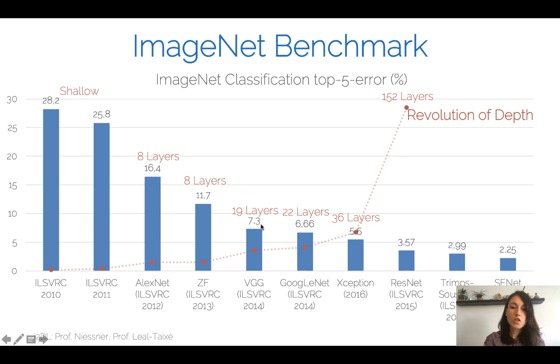Then we had VGG with 19 layers, lowering the error even more, GoogleNet, Inception, but the real revolution came with the depth, came with ResNet, that could really push the number of layers from 36 to 152 layers, a crazy amount of layers, and further push the error to be lower, to 3.57%. So there is really a big revolution, especially in growing neural networks with the residual blocks.